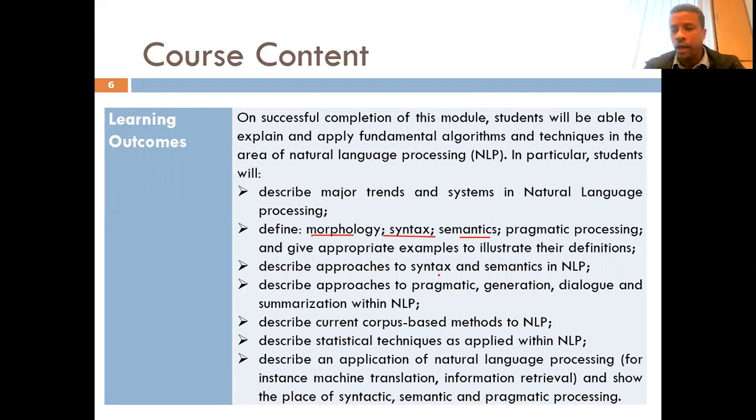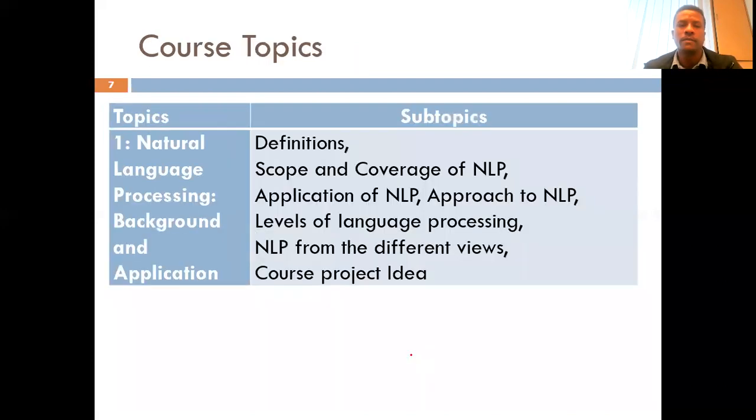You'll be able to define and explain what syntax and semantics are, and you'll be able to describe what corpus-based as well as statistical techniques are when it comes to natural language processing. And finally, you'll be able to define and describe many NLP applications that can be developed using a computational system.